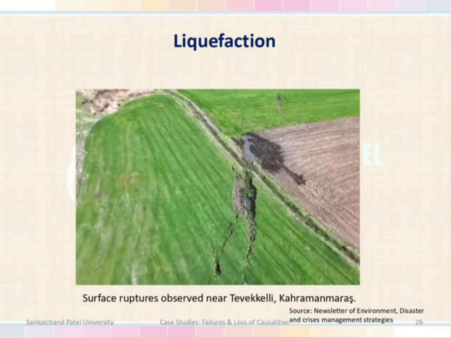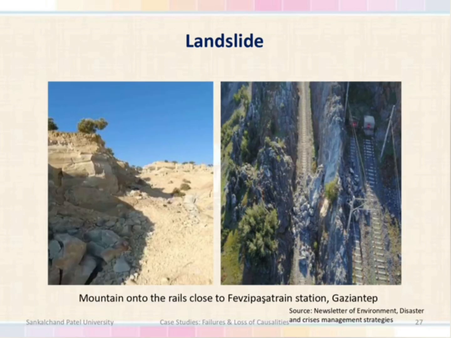Some liquefaction was also observed on the ground surface at Tevikili and Kahramanmaras in Turkey. Some landslides were also observed near the mountainous regions of Gaziantep.